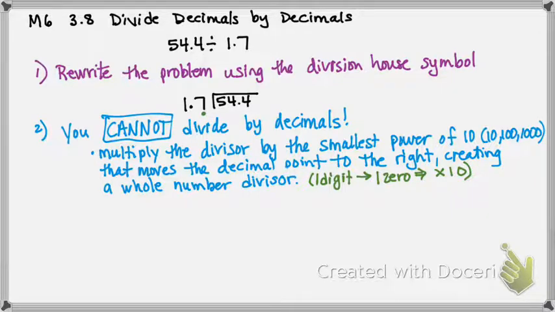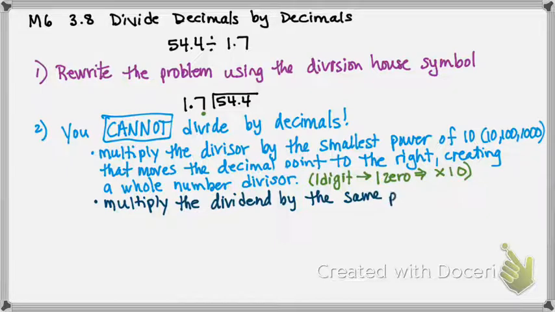Now, here's the deal. I can't just multiply the divisor by something and that's it. I have to treat all the numbers the same. So the second component here is you're going to multiply the dividend, that's the guy under the division house, by the same power of 10 as the divisor.